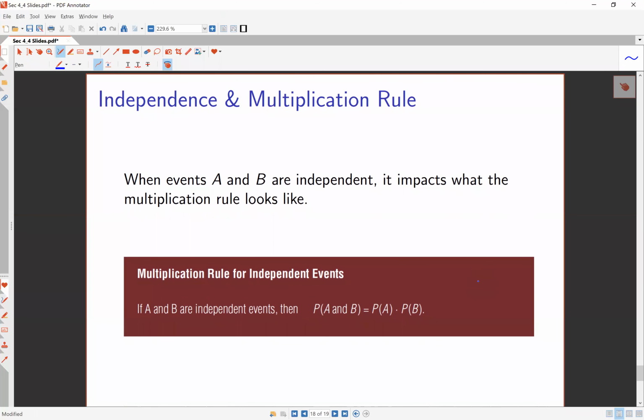And this can also have an impact on the multiplication rule we looked at earlier.